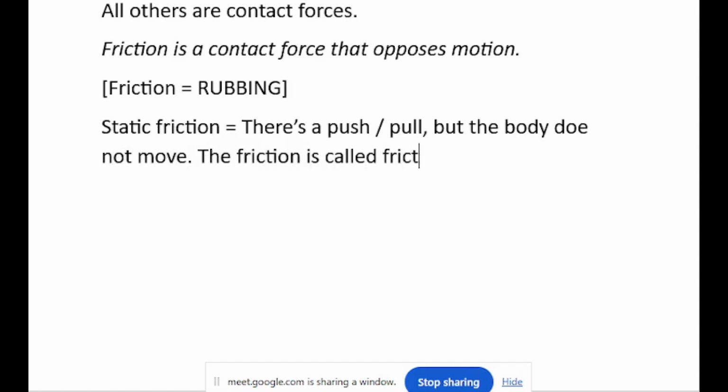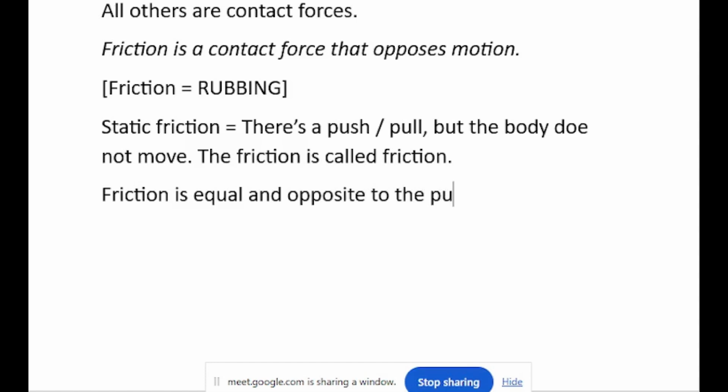So what is the work of the static friction? The work of static friction is to be equal and opposite to the push or pull. Friction is equal to the push or pull. It has to be equal. Unequal na hole to hobe na.